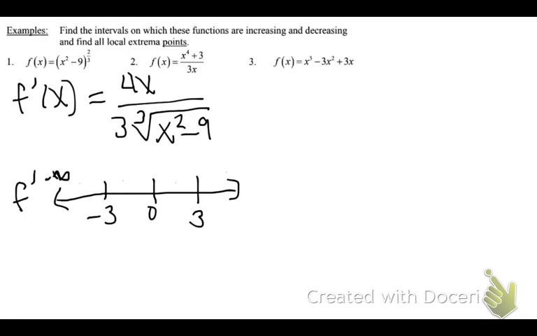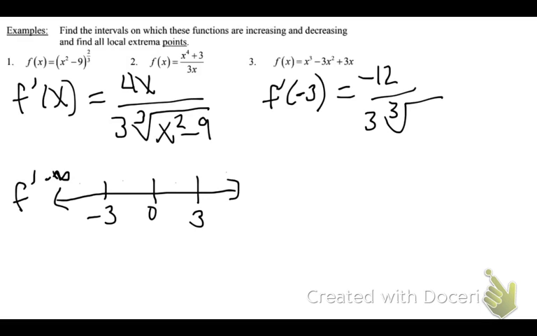So when I do f prime of negative 3, we get 4 times negative 3 will give me a negative 12. And we really don't even care what the actual output is. We just care about the signs. And then in the denominator, I'll get 3 times the cubed root of negative 3, excuse me, oh, my bad.